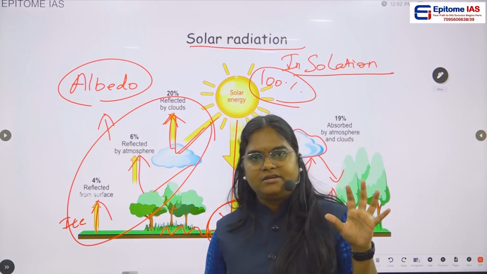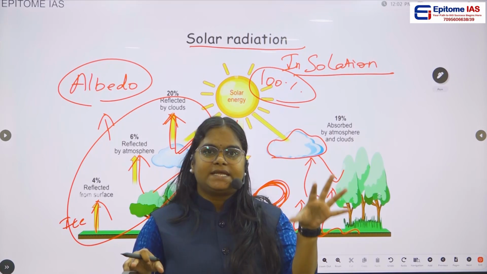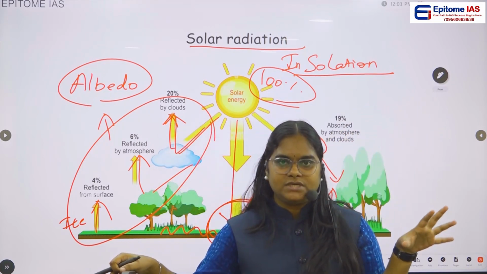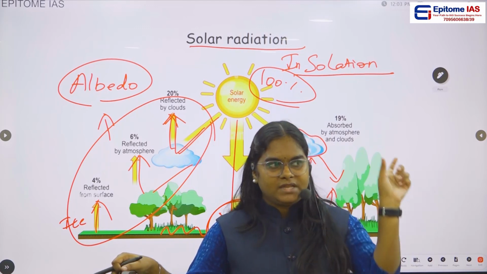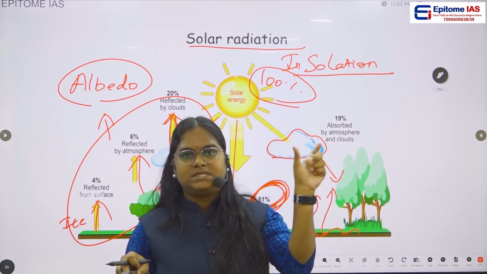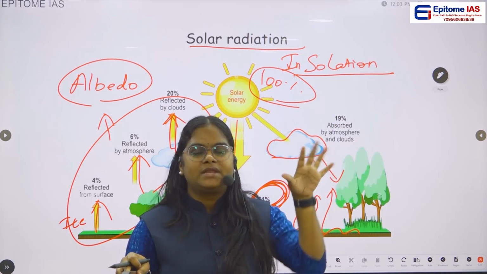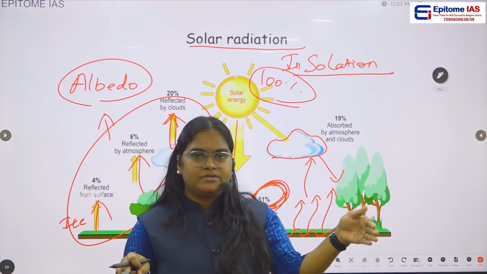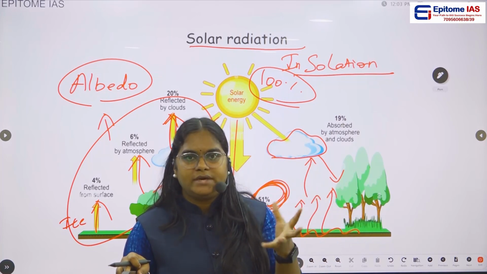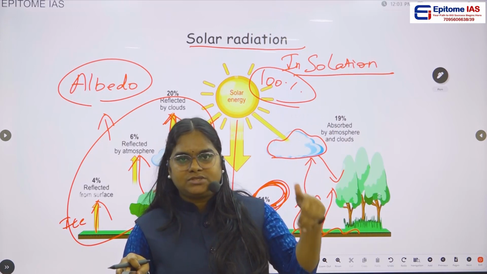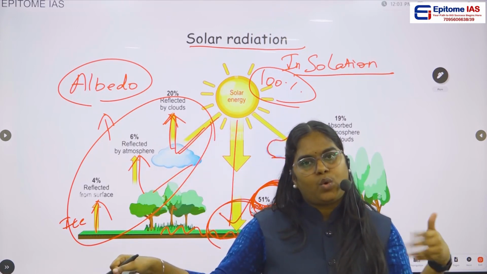That's why, if you notice, in daytime, if there is a presence of clouds in the atmosphere, they will actually reflect back the incoming solar radiation. So the earth's surface would be comparatively colder. So whenever there is a presence of clouds, the room temperature will be colder.